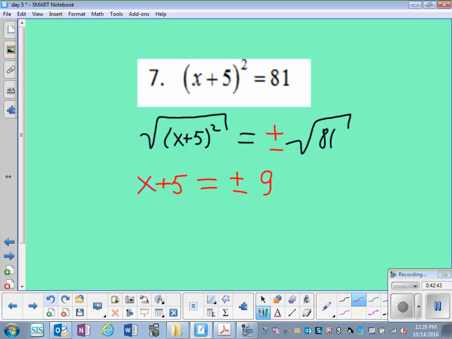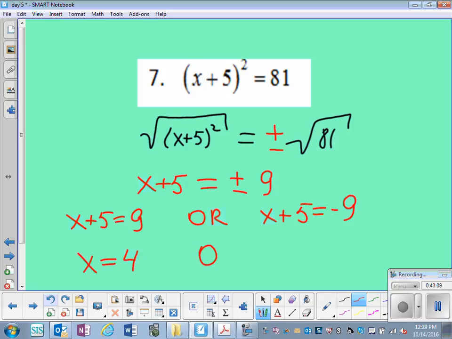9. So now there are two different equations here, right? One equation says x plus 5 equals 9, and the second option is x plus 5 equals negative 9. I need to solve these two equations to get to my final answer. Minus 5 gives me x equals 4, or minus 5 gives me what? x equals negative 14.